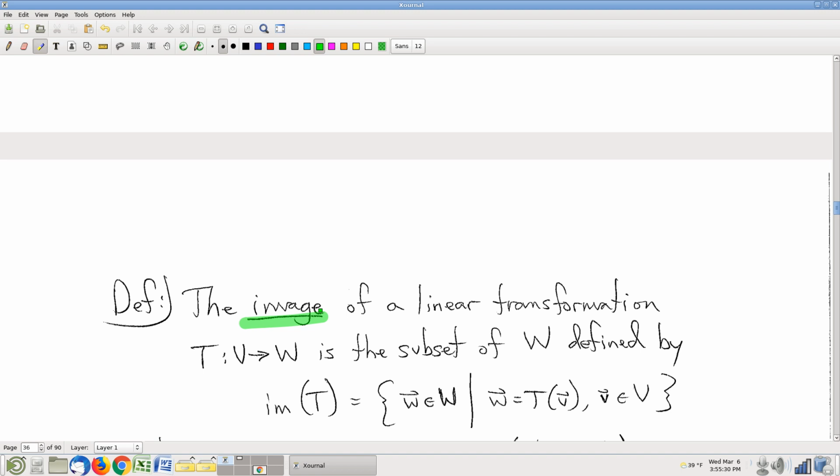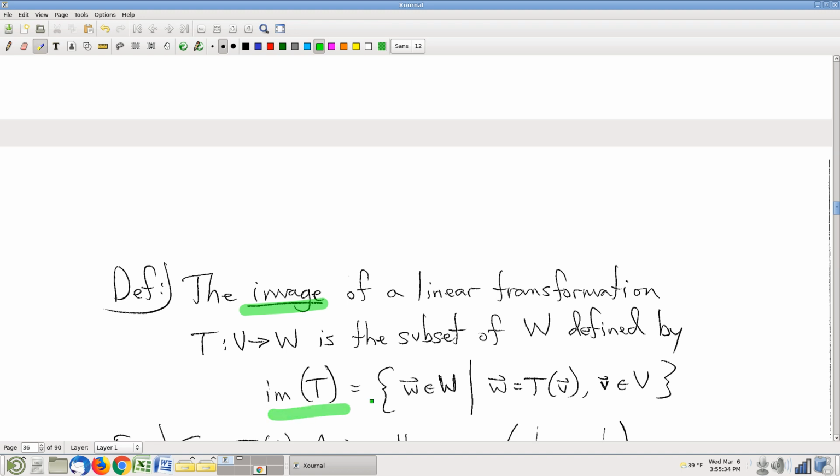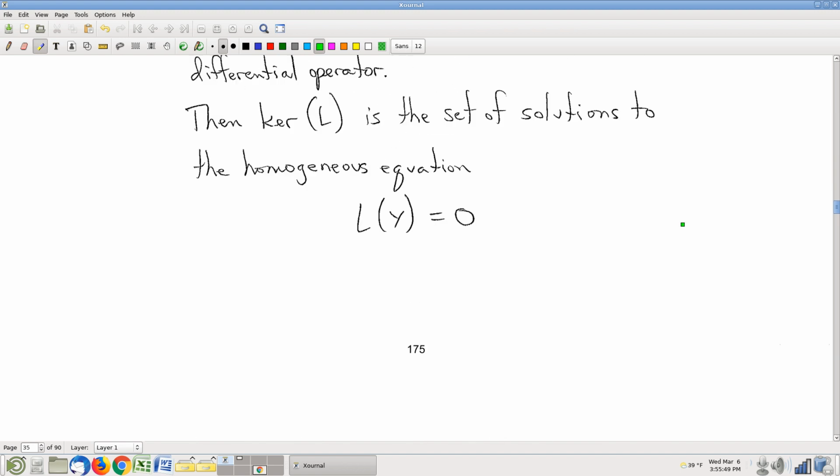Okay. All right. So note our definition here. The image is the collection of vectors in the target that actually are outputs of actual input vectors. Okay. All right. So now there is a familiar version of this.